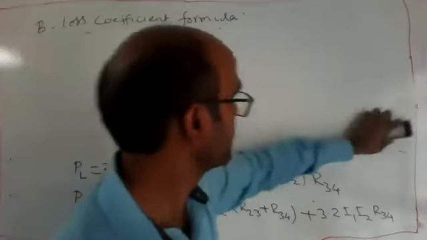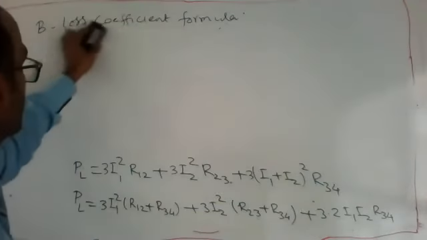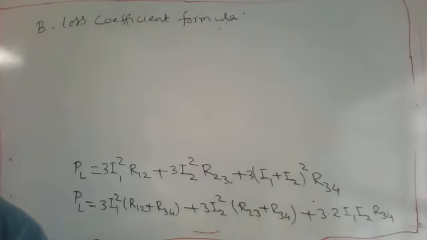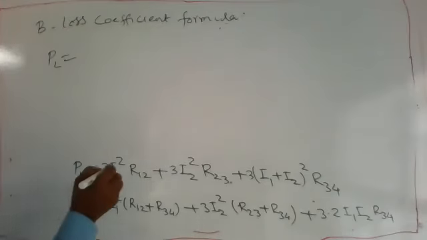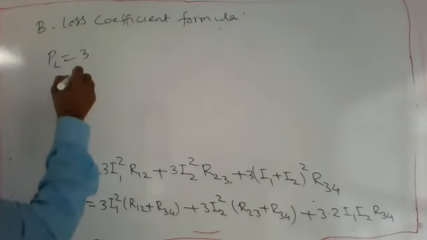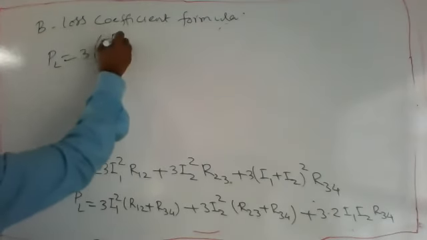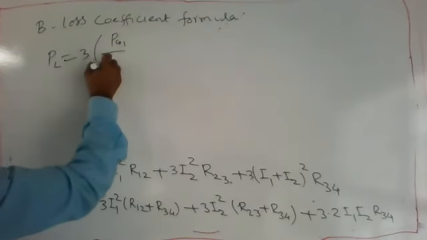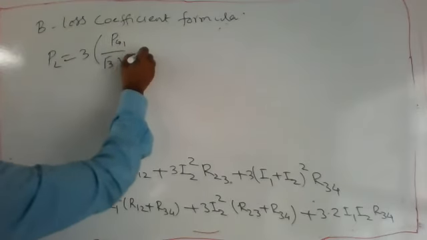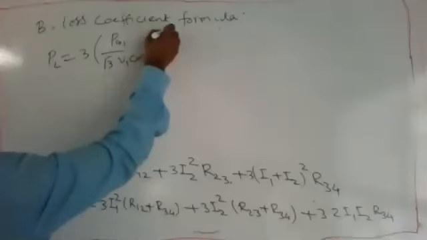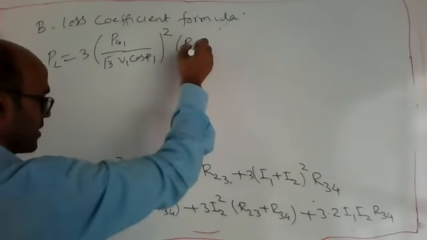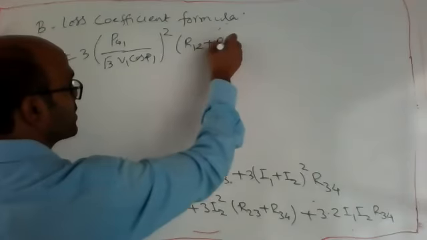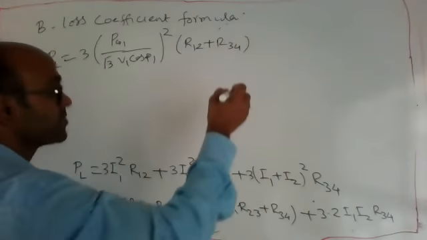If you put the I1 and I2 values, then what will I get? PL is 3 times (PG1 by root 3 V1 cos phi 1) whole square into (R12 plus R34).